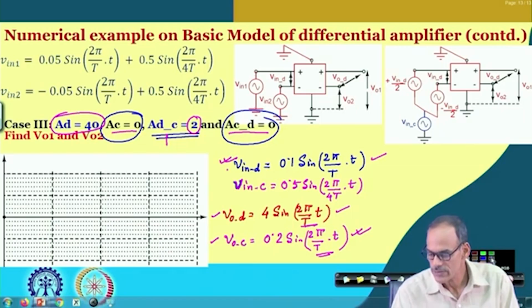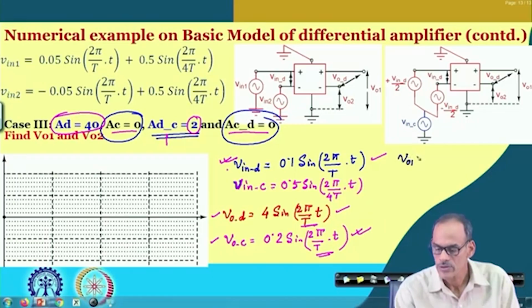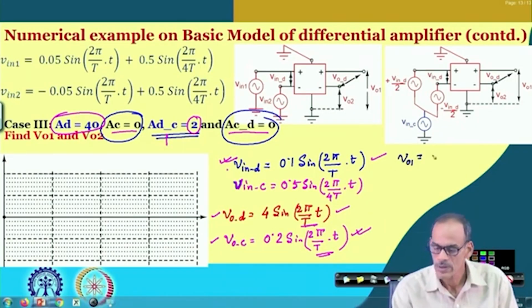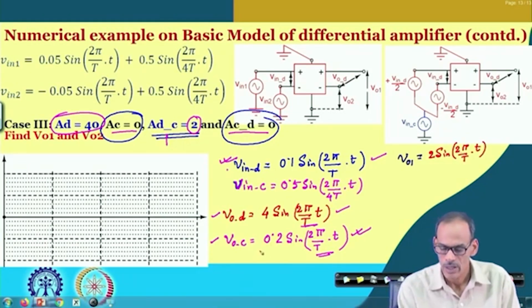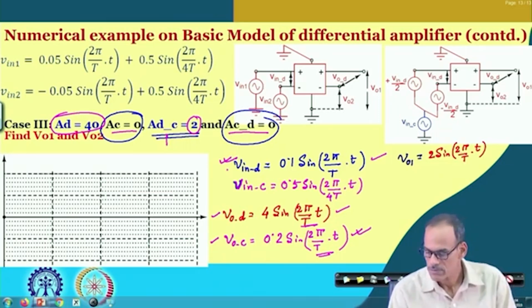So, as a result, if you see the individual output, say VO1, it is half of this differential, 2 sin 2 pi by t into small t, plus 0.2 sin 2 pi by capital T into small t.